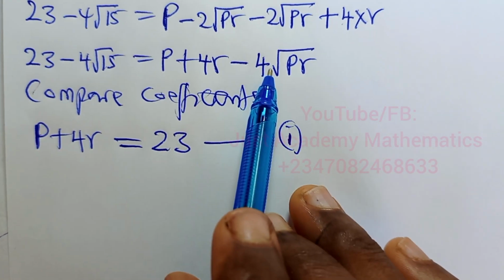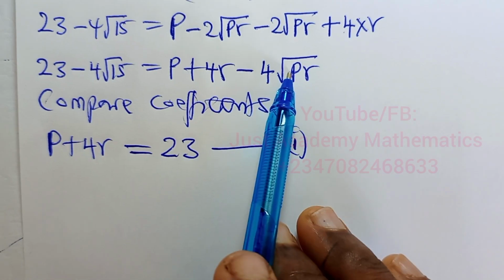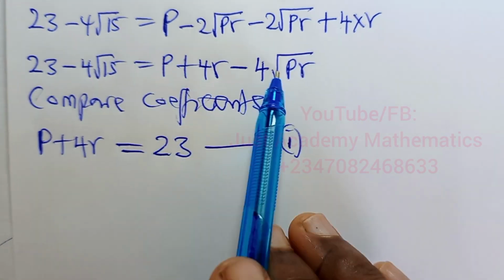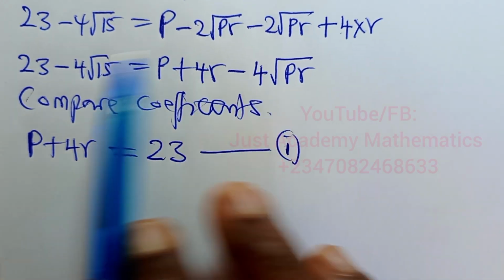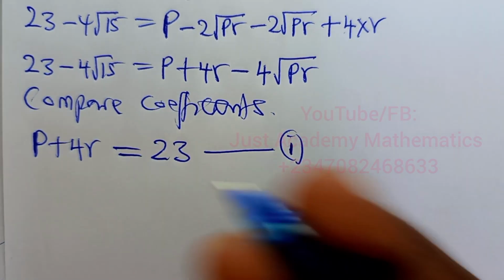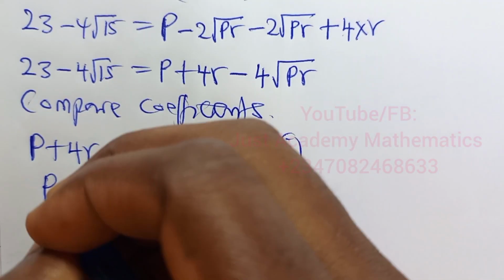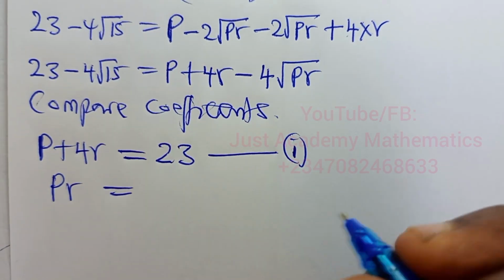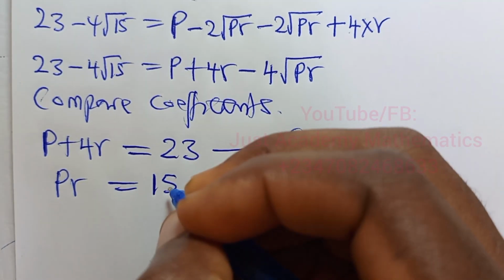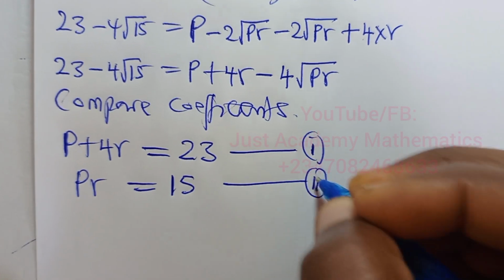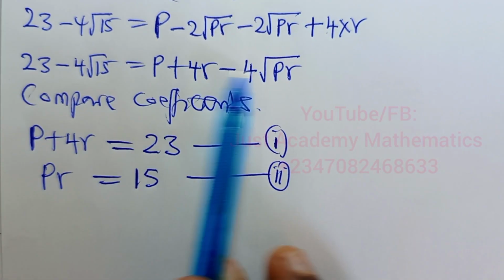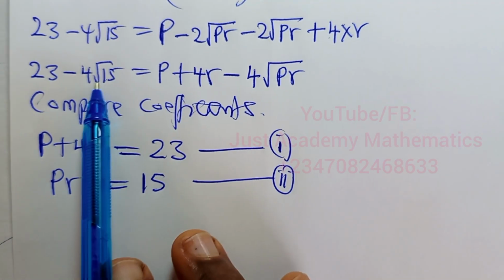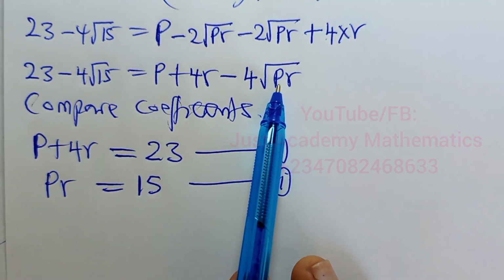Then this one that has root: if you compare this side now, you notice that PR is equal to 15, because this is minus 4, this is minus 4, this is root, this is root. So we can say that what is inside the root, which is PR, is equal to what's inside the root here, 15. Equation 2. Even if you equate these two, those ones will cancel out. We are still left with 15 equals PR.